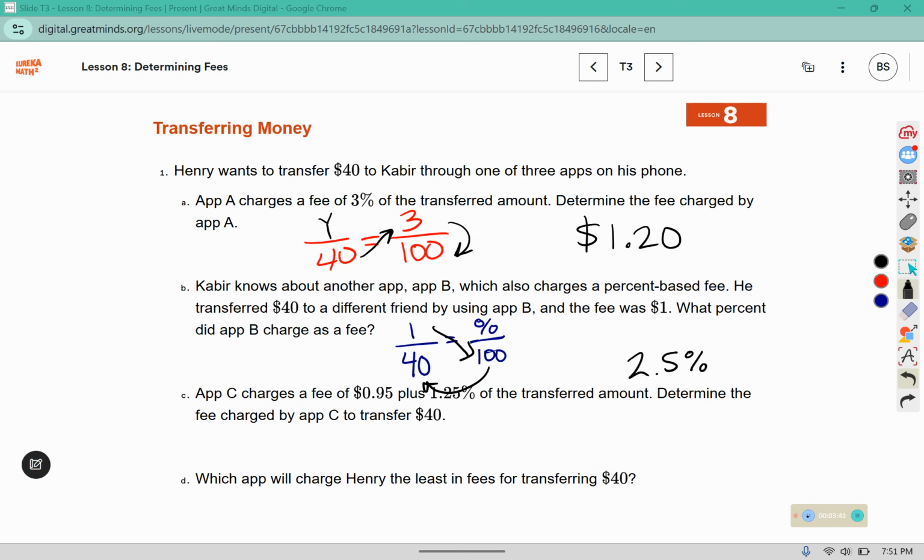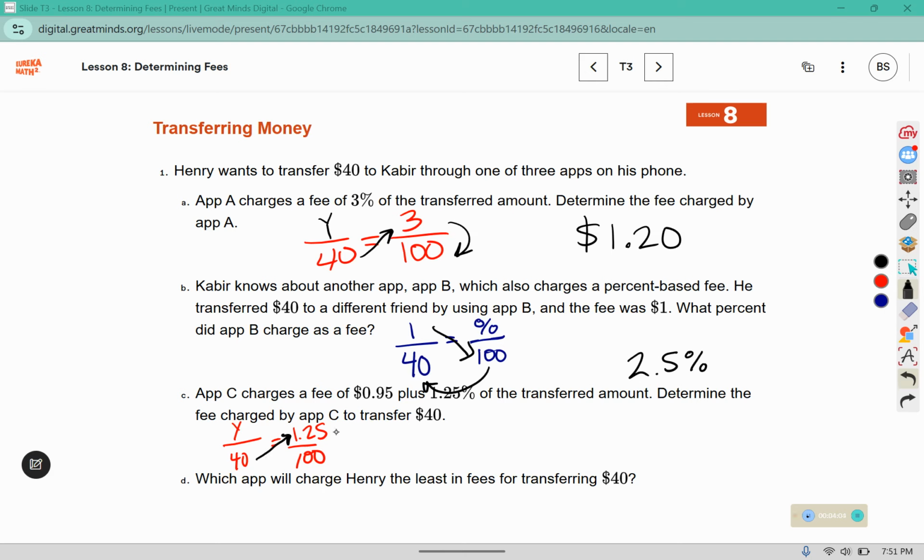App C charges a fee of 95 cents plus 1.25% of the transferred amount. Determine the fee charged by App C to transfer $40. So let's start by figuring out the percentage piece of it. We have 1.25%.